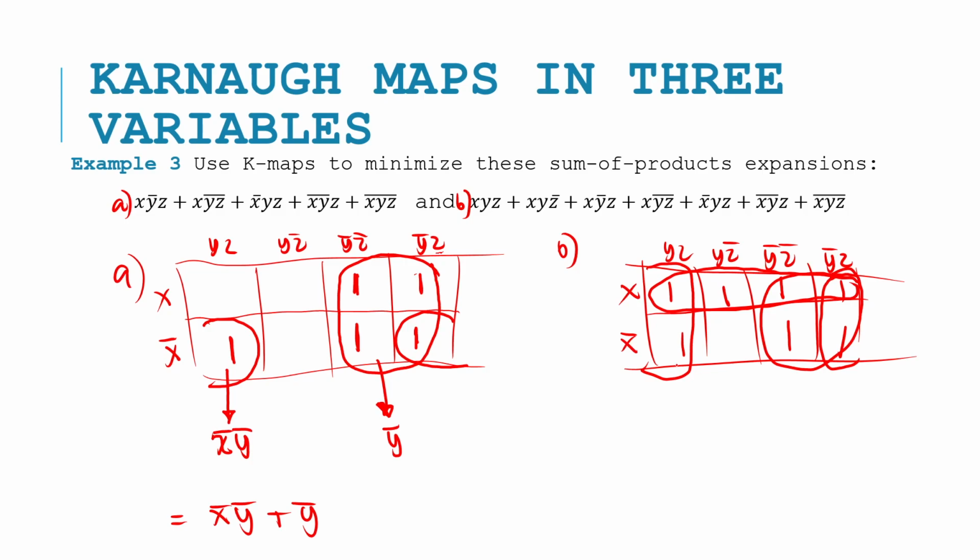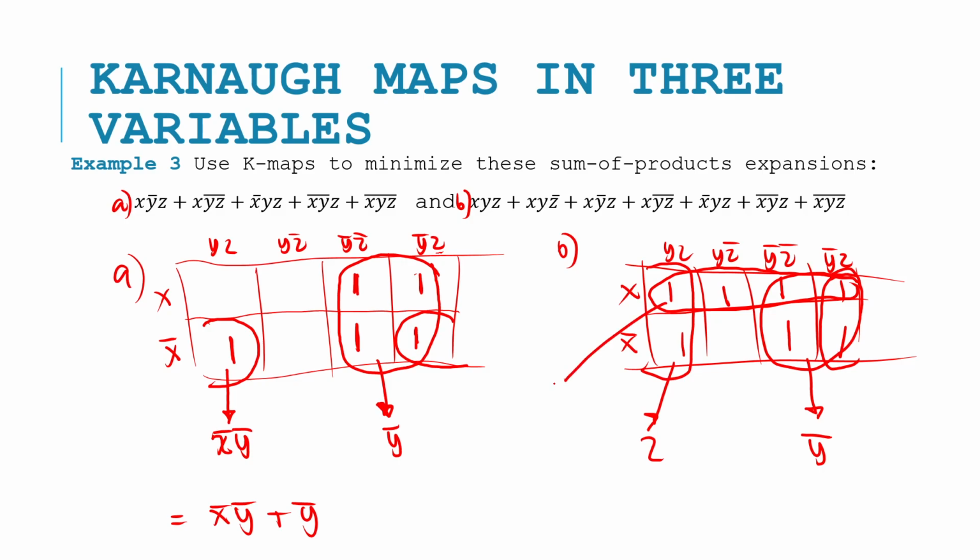So for the adjacent ones, since we have y and y prime, we also have x and x prime, that's just going to leave us with z. For this chunk here of ones, we have x and x prime, and we also have z and z prime, so that will leave us with just y prime.